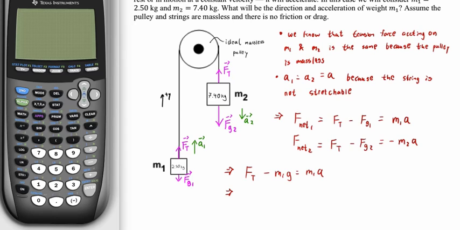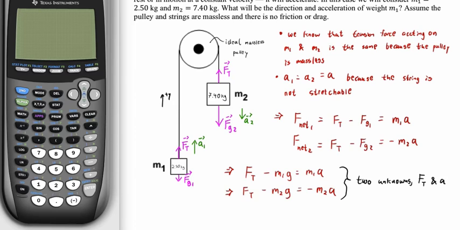And the equation for mass 2 is going to be Ft minus M2g equals negative M2a. Okay, and we have two unknowns and two equations.